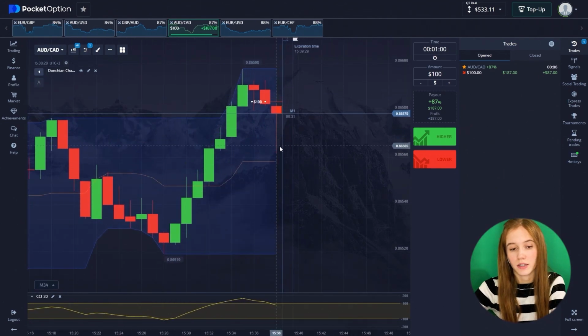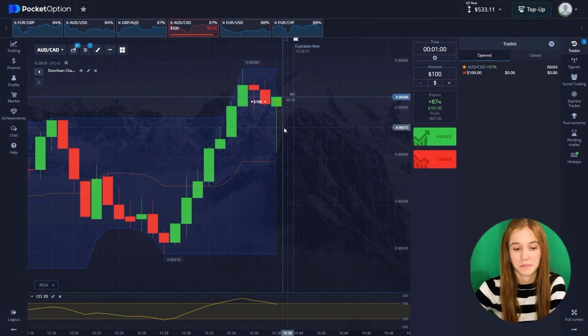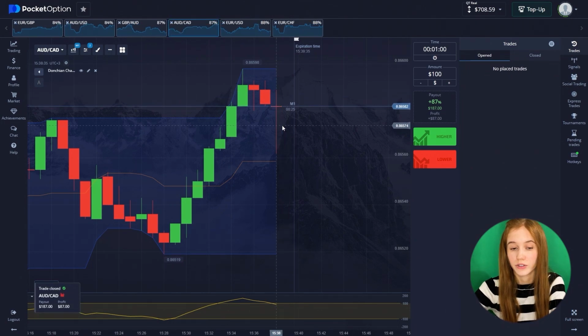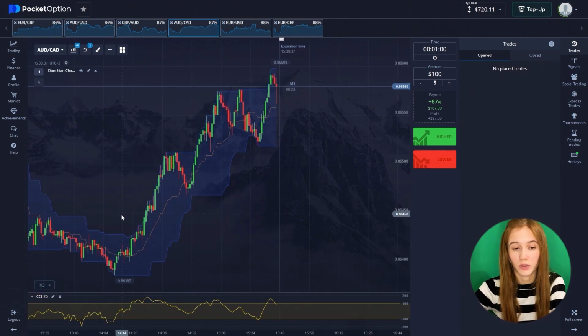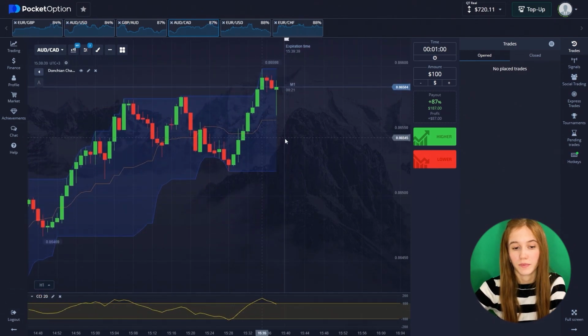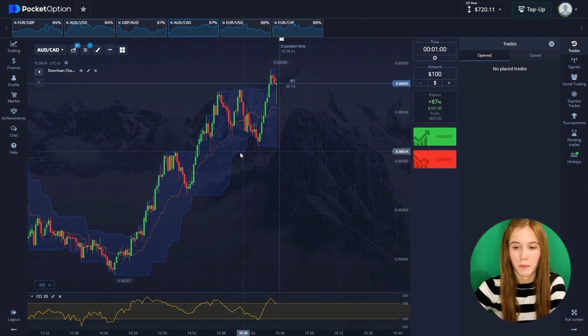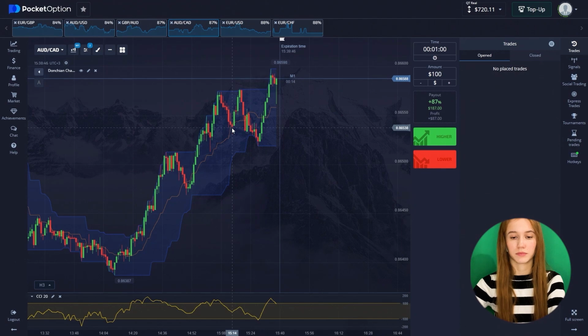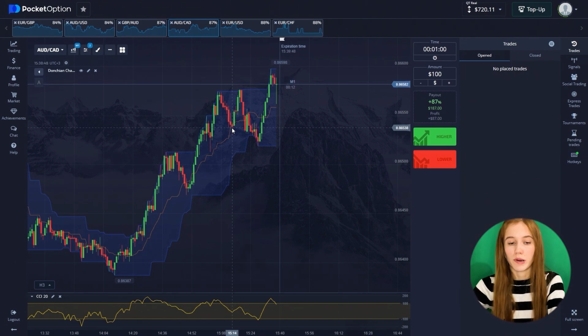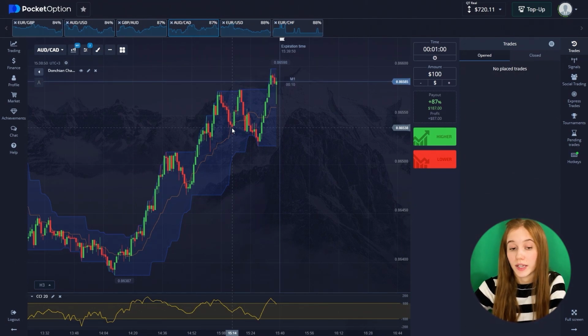Until the end of the deal is 8 seconds. Large drawdown, but we already see a plus deal. Good. Our balance is 720.